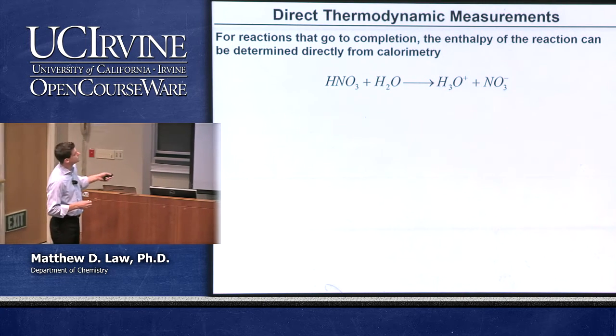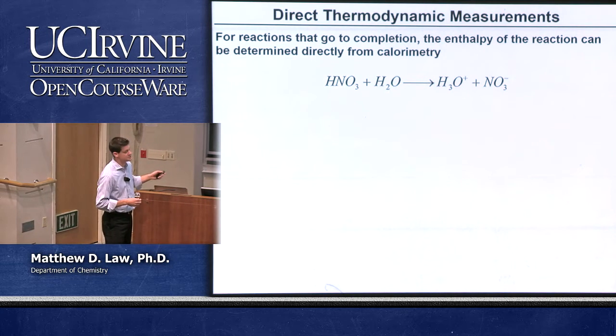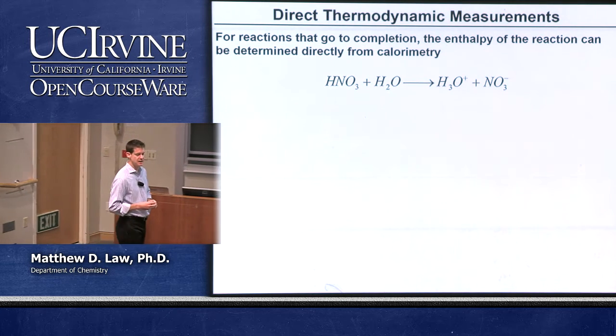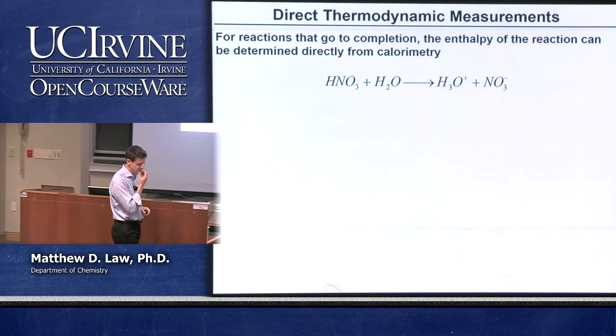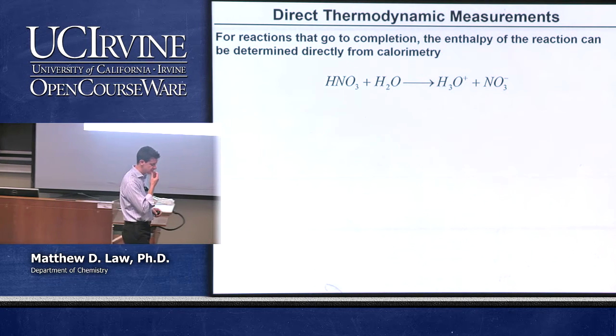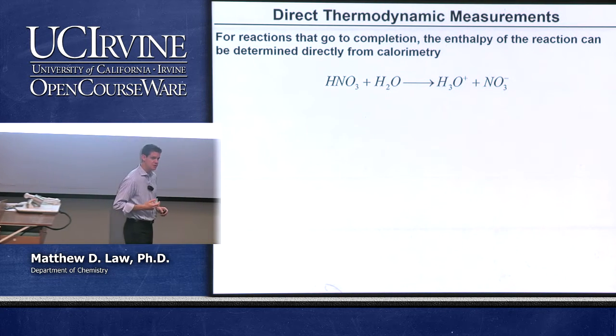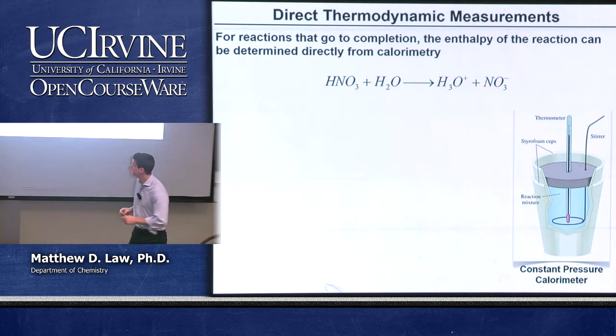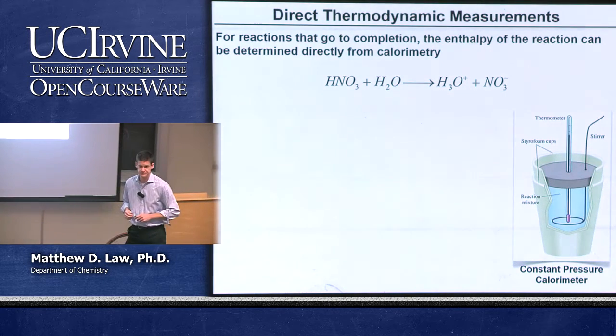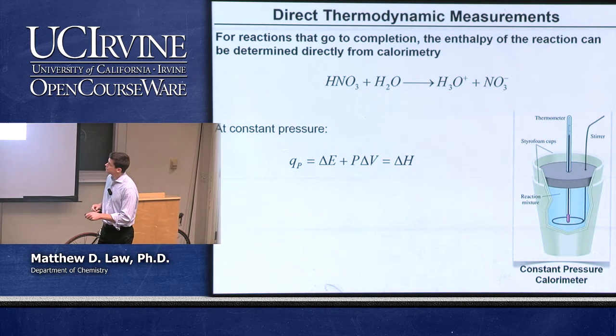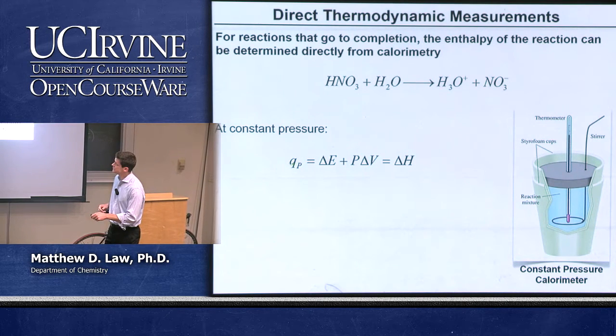If we have a reaction that goes to completion, like a strong acid in water, nitric acid, a strong acid, as we all remember from the Lowry-Bronsted interpretation of acids and bases, we can directly measure the enthalpy change by using simple calorimetry. From that, we have the heat change. The heat that's taken up or given off is going to give us the internal energy plus the work term, the PV term here.